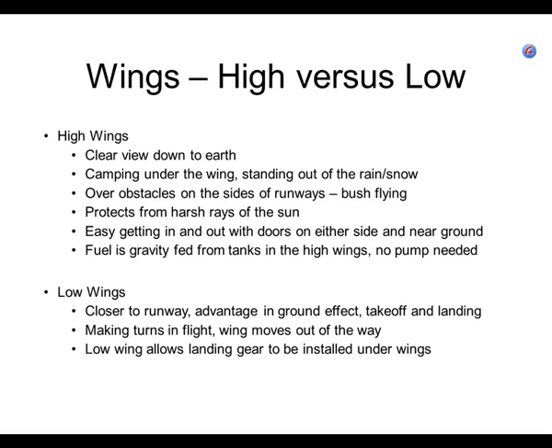Low wing allows landing gear to be installed under the wings. Now here is the basic issue between Cessna and Piper gear systems. This is the crucial issue. You've got to write that down in your notes. The major issue on gear systems between Piper and Cessna is that Piper was able to mount the gear on the main spar of the wing.